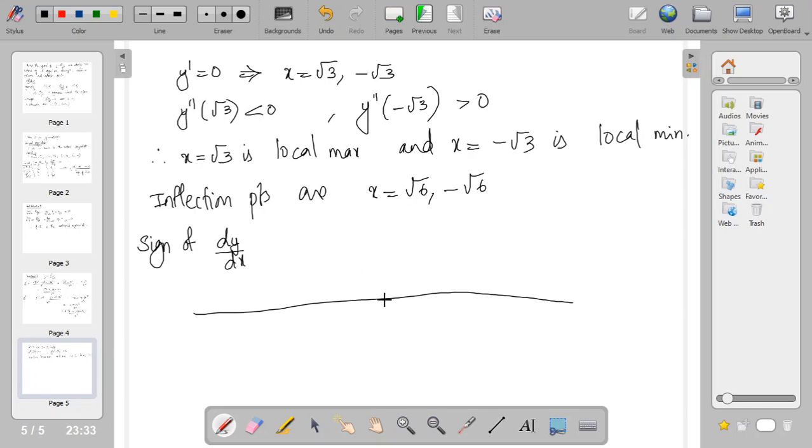Okay, so we have an asymptote at 0, and at 0 the function is not defined.